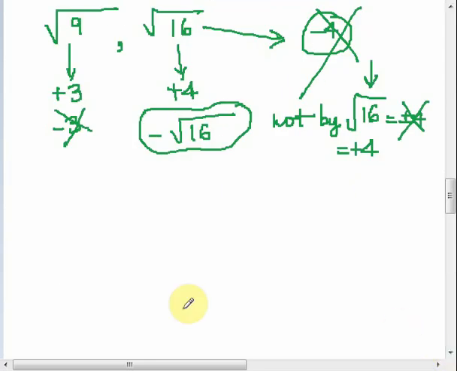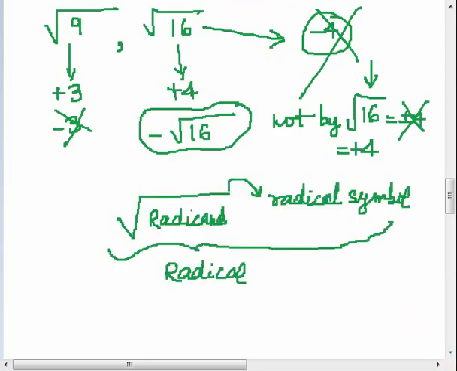So I am explaining everything step by step, concept wise. There is a nomenclature for this. Anything inside the square root is called the radicand.